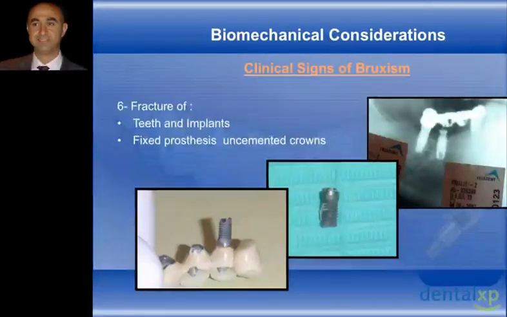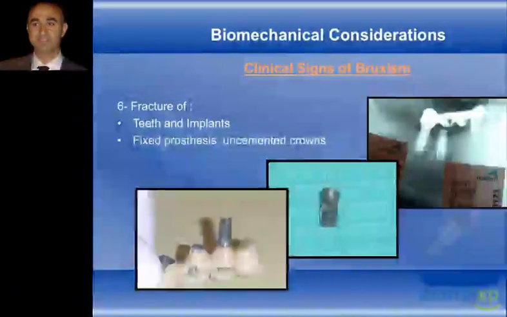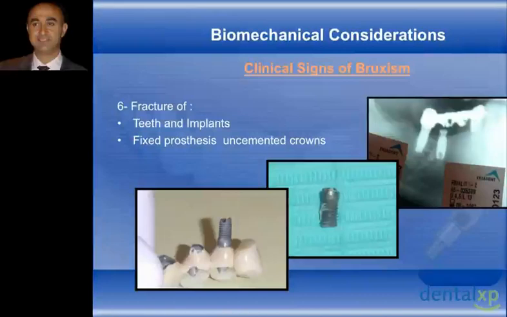And as I was saying, because this was the early generations of implants, which were commercially pure titanium and not titanium alloys, as we all know, titanium alloys and their grades have increased tremendously the strength of the implant itself.